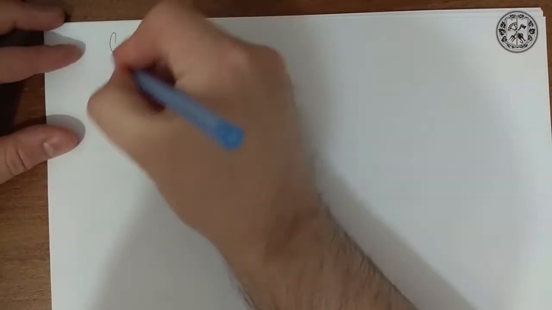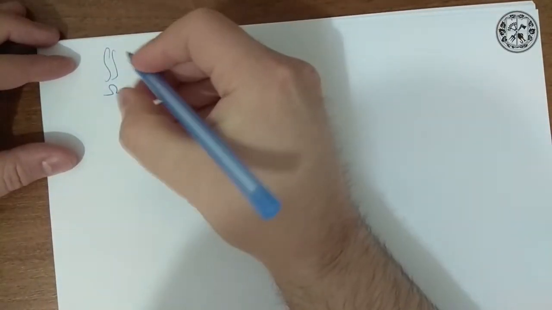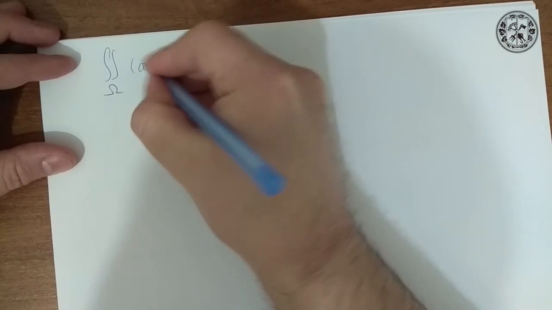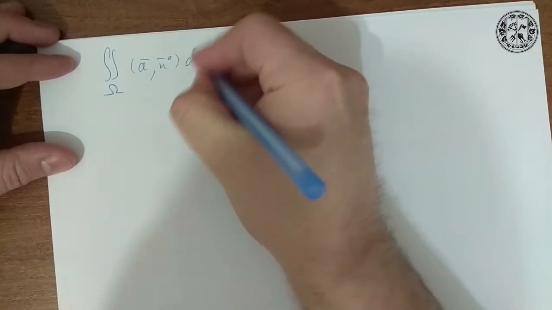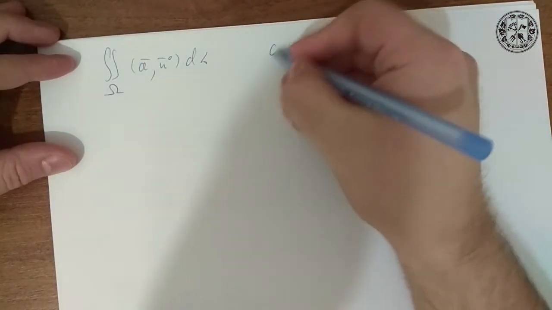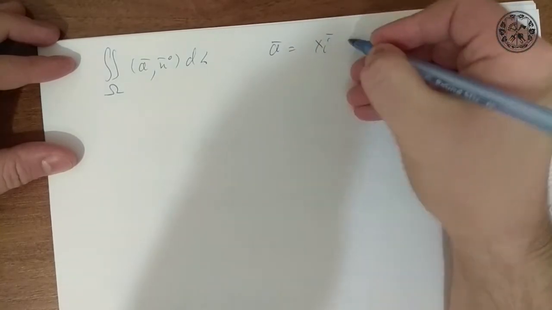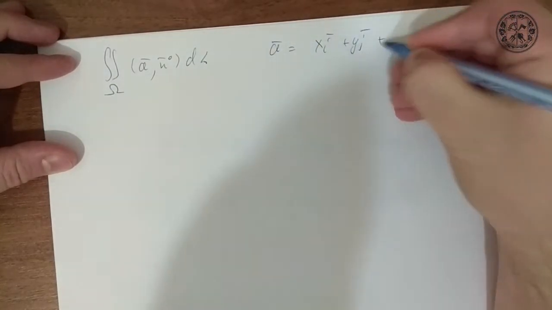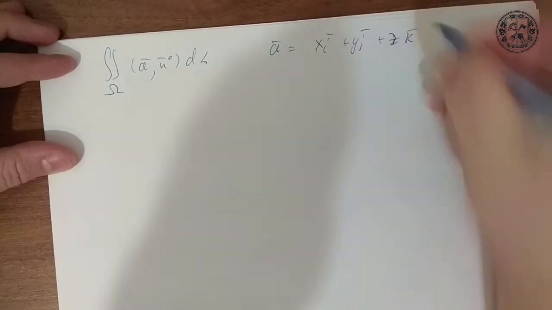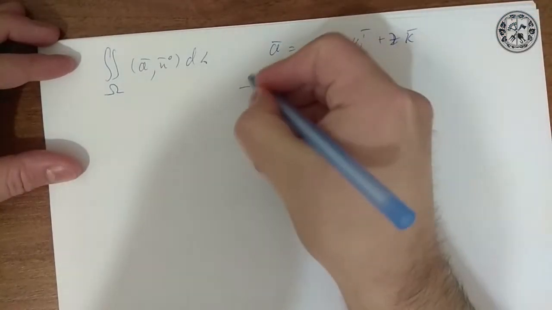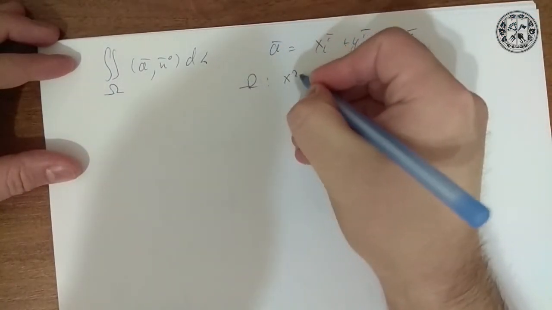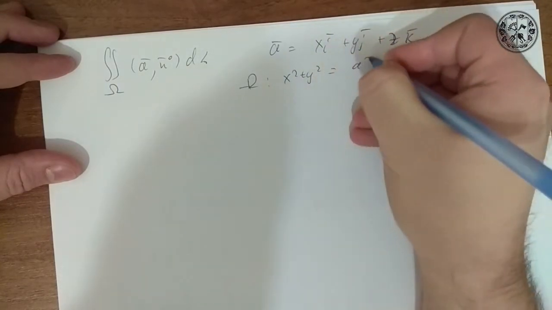One more problem. We have to calculate the double integral by omega of a dot n0 d sigma, where a is xi plus yj plus zk, and omega is x squared plus y squared equals a squared.